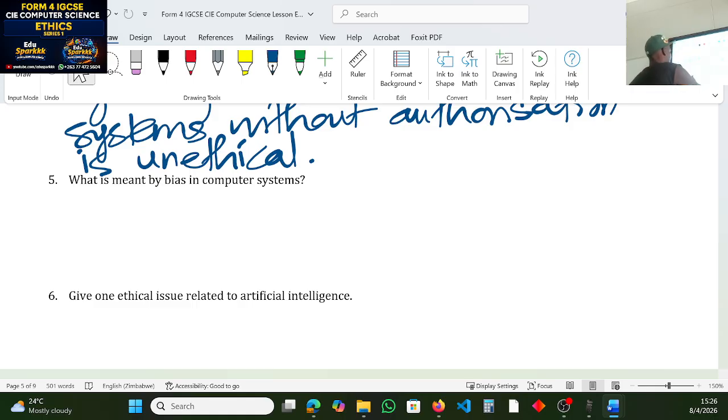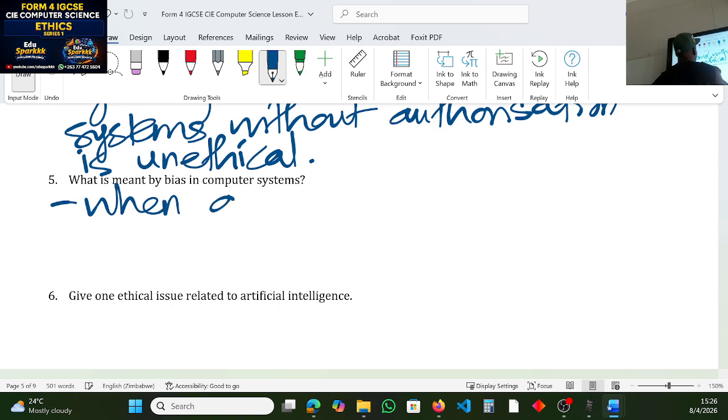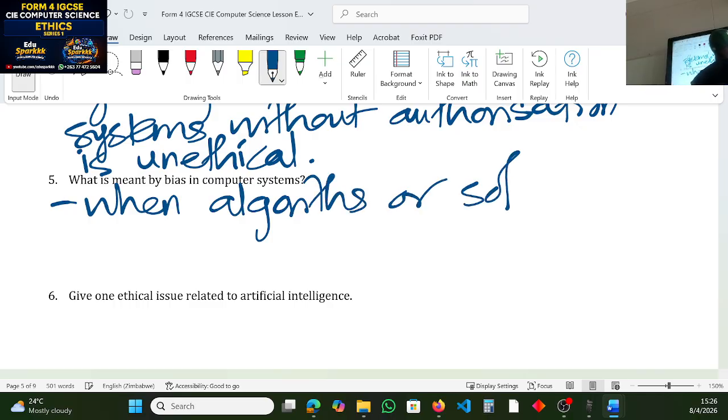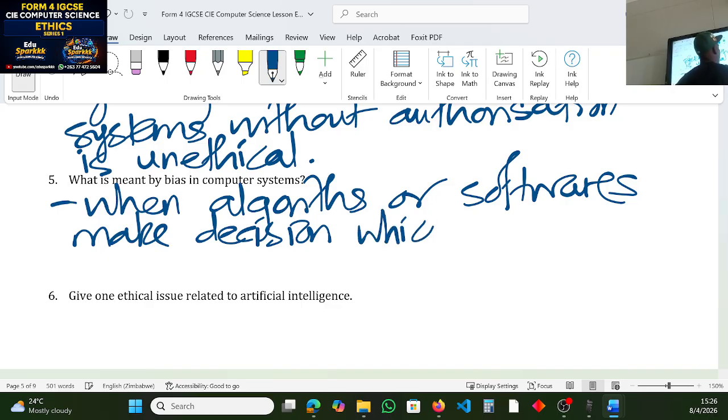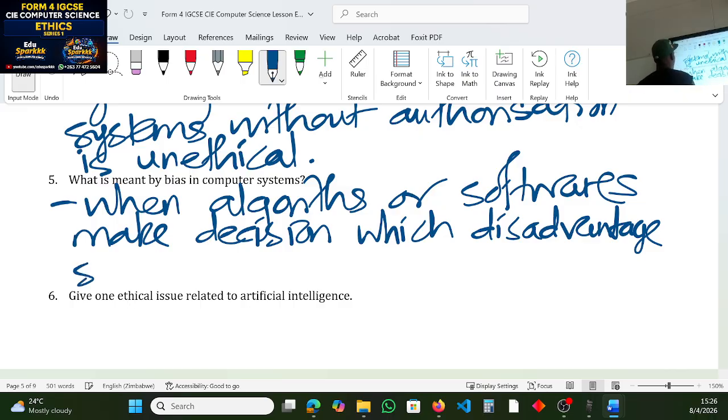So here we are saying bias occurs when algorithms or software make decisions which disadvantage some groups within the society.